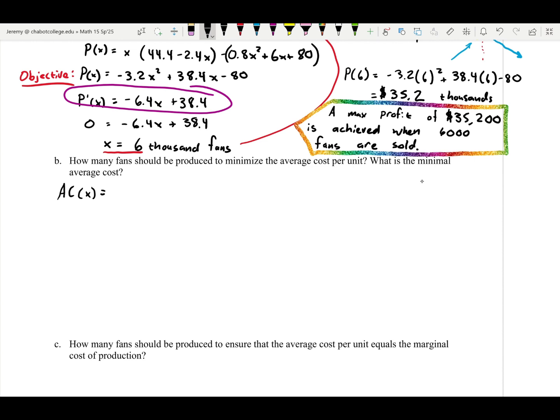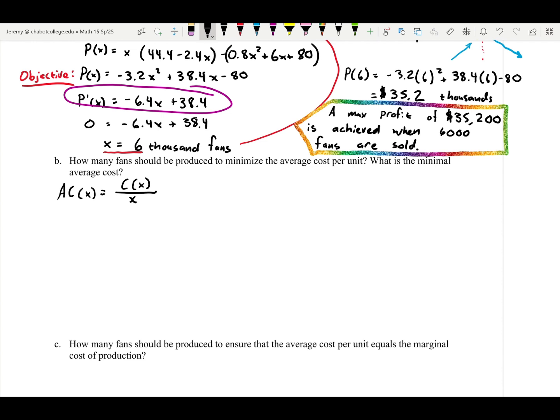It's defined as the cost function C of x divided by the number of units produced, divided by x. So we essentially want to minimize this function. So we'll plug in what we have for C of x and figure out what the average cost function is. And then we can find a derivative and find its local minimum.